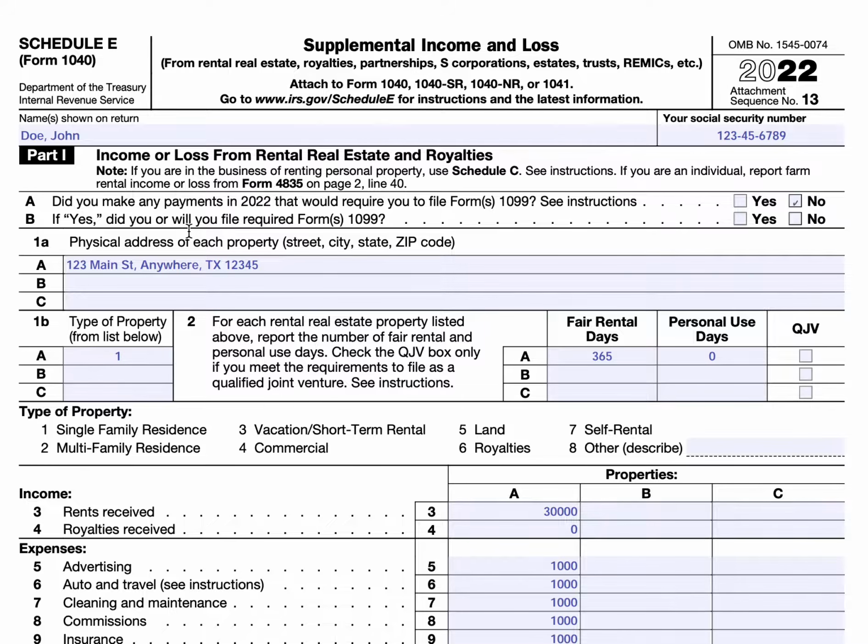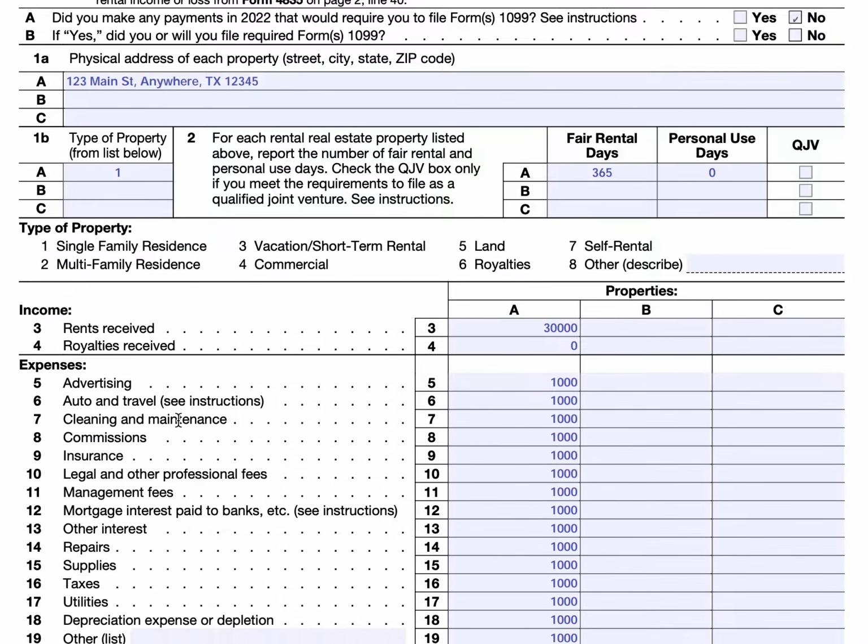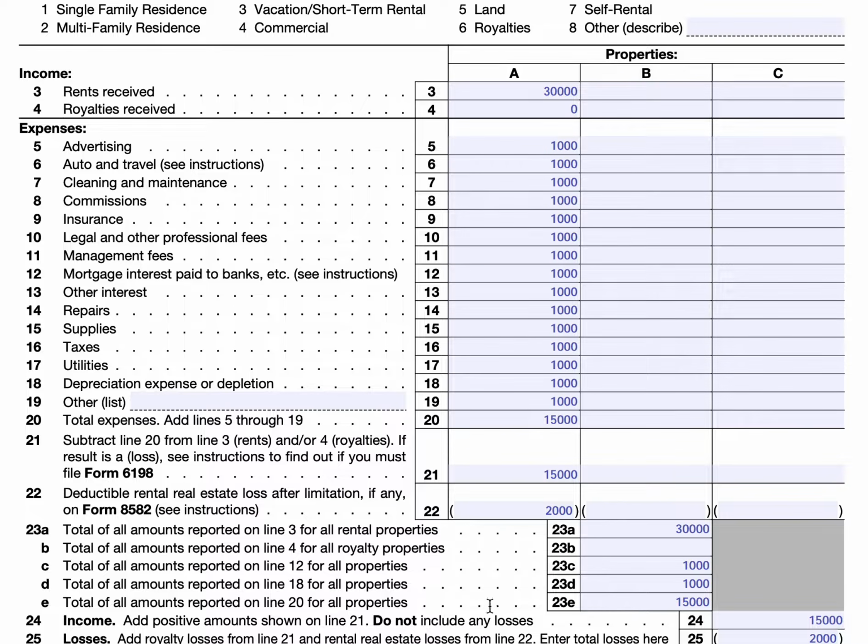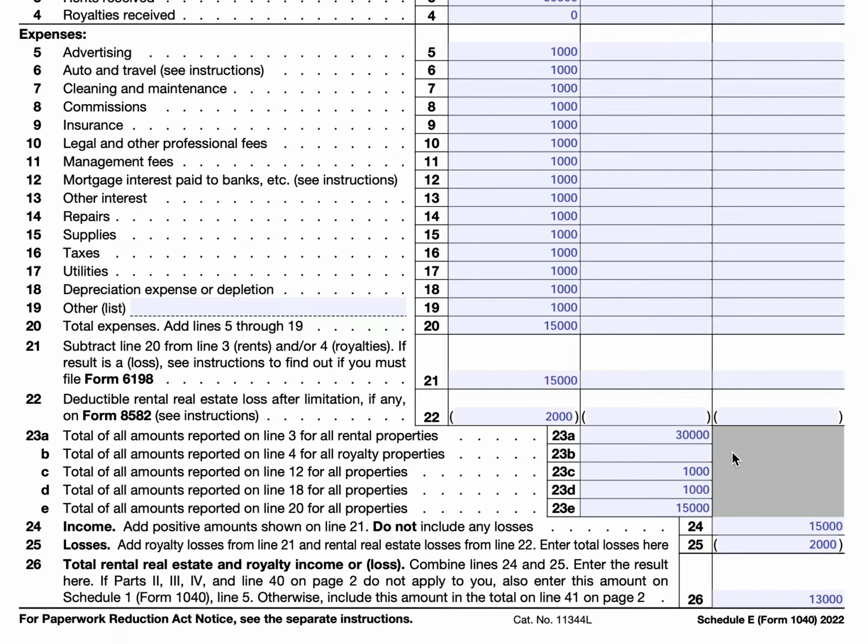But all kidding aside, you would simply attach additional copies of Part 1 as applicable, listing your additional properties. And then when it comes time to summarize everything, in lines 23, 24, 25, 26, you would combine everything from all properties, right?